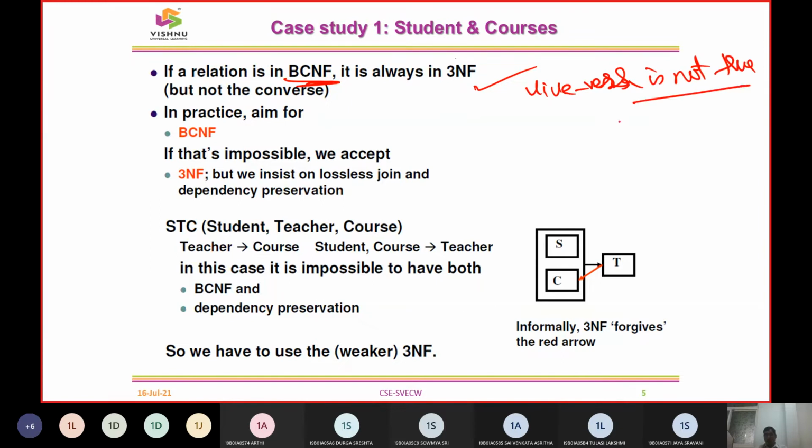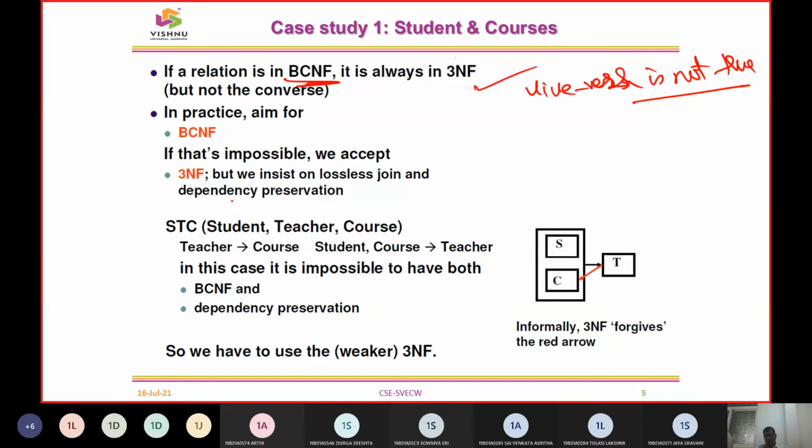If the relation is pushed to the Boyce-Codd normal form, then we can't say it is always in the third normal form. So that is the simple thin line that you have to understand at this point of time.